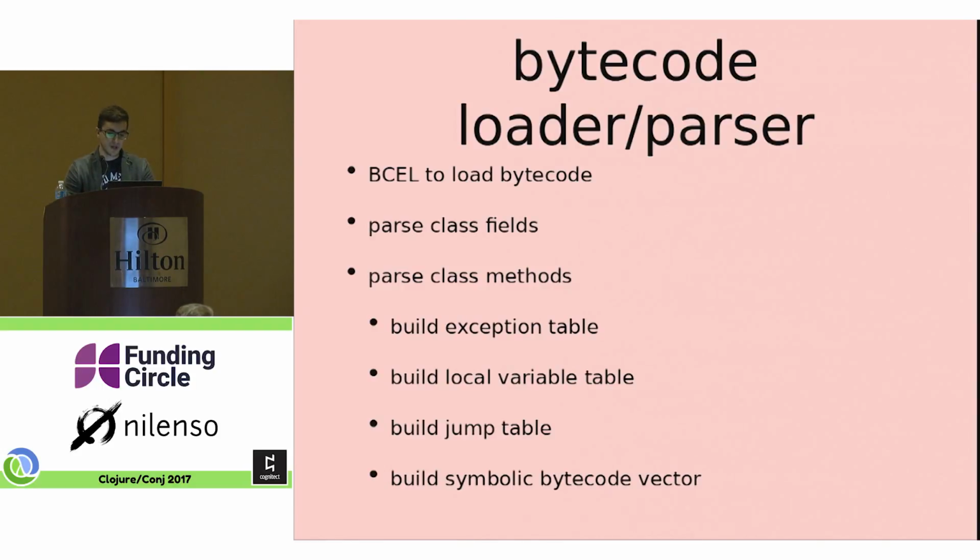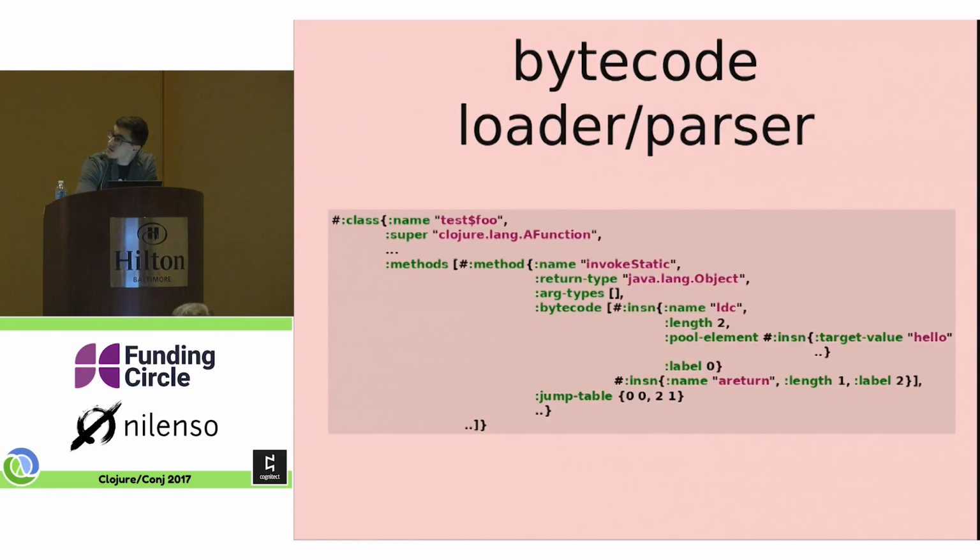And then we're just going to build this symbolic bytecode vector and just going to represent the bytecode as a data structure. And this is what a class for just returning a string hello looks like. And if you've ever used a library called no-disassemble, you're going to see that it's quite similar. It's not exactly the same, just because for decompilation purposes we needed a bit more information, but it's close enough.